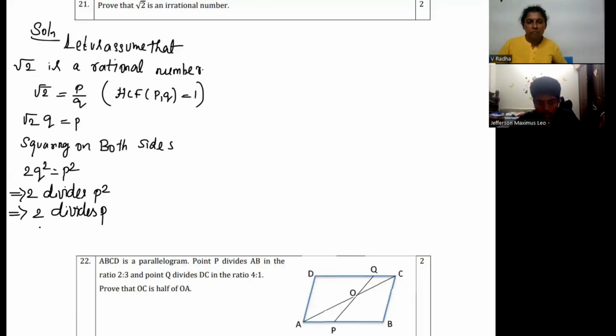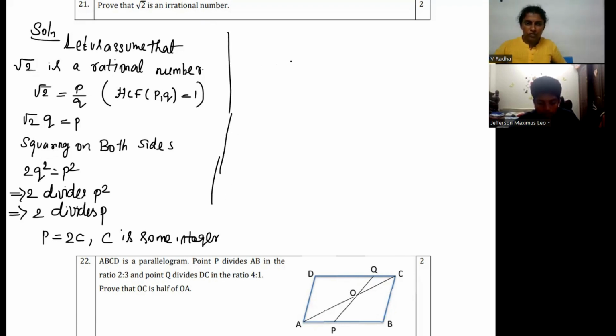2 divides P. Therefore, P is equal to 2C, where C is some integer. Then substitute P equal to 2C in the above line.